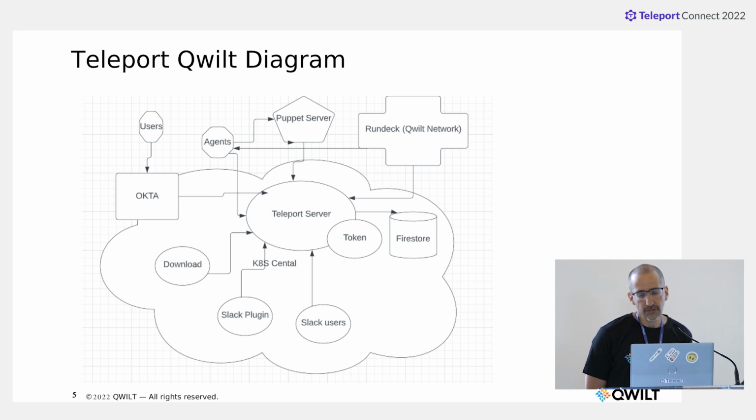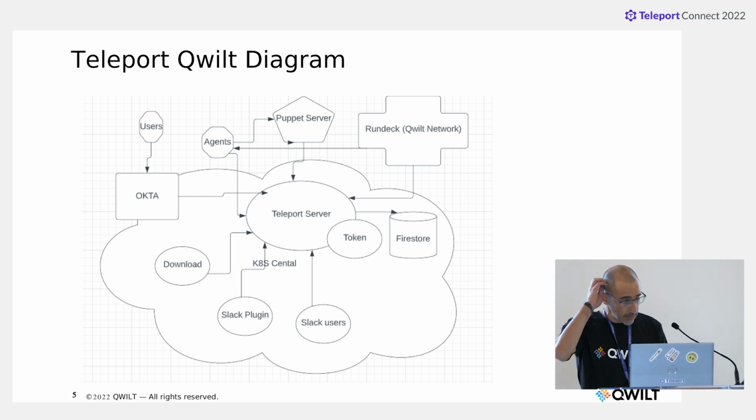All of this infrastructure is in GCP. I didn't use AWS like the other guys, and it is using Firestore as a backend in a multi-region environment. The caching nodes are installed using Puppet, and Puppet installs the Teleport service using a role.